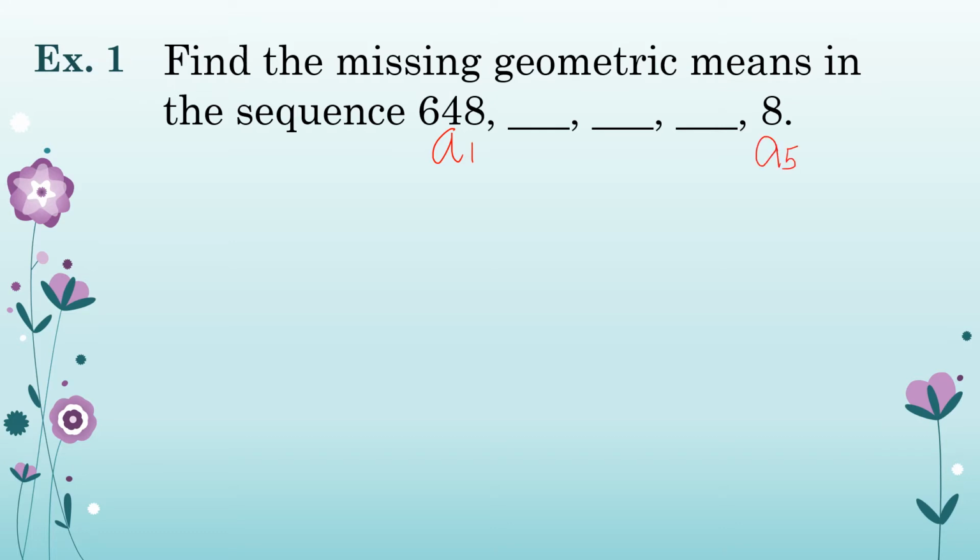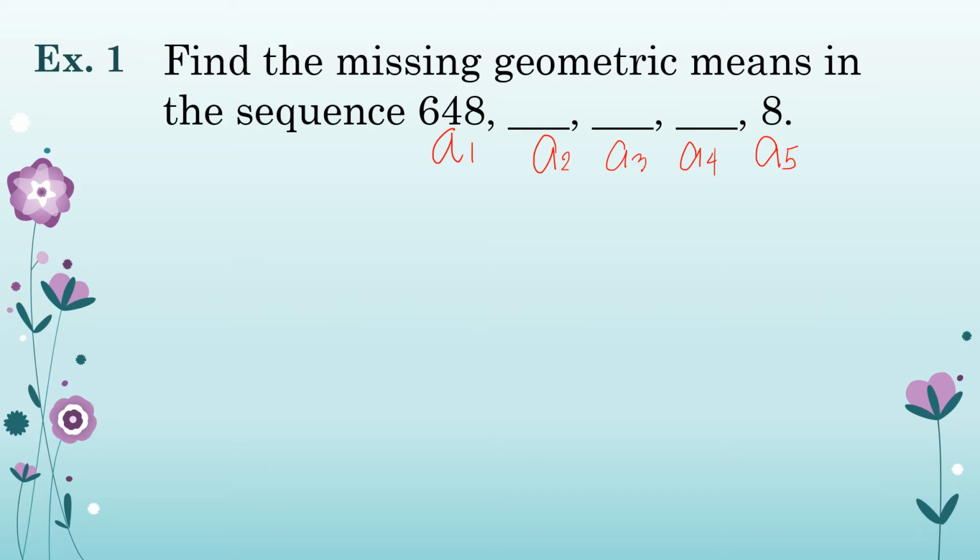Why a sub 5? Because a sub 2, a sub 3, and a sub 4 are the missing terms. So we have a sub 1 and a sub 5. And a sub 5 is actually our last term.